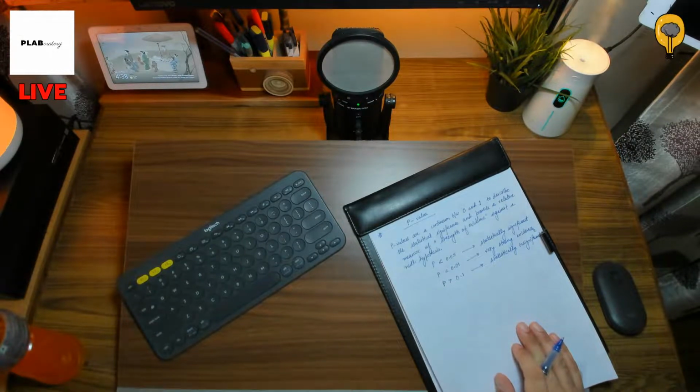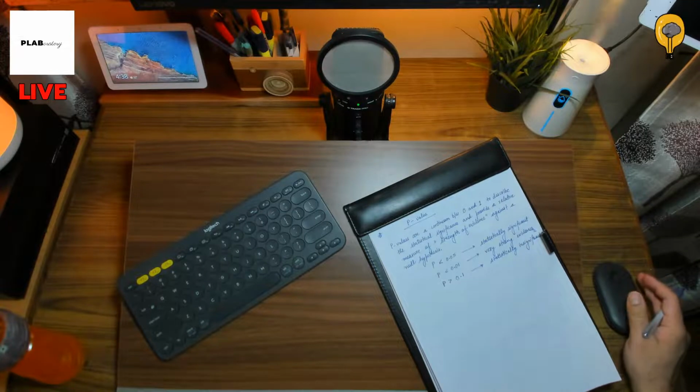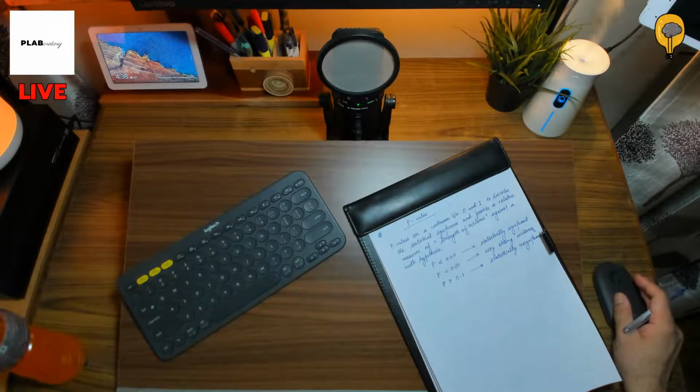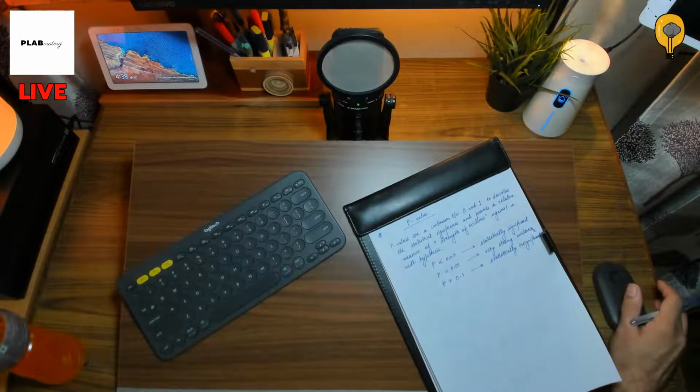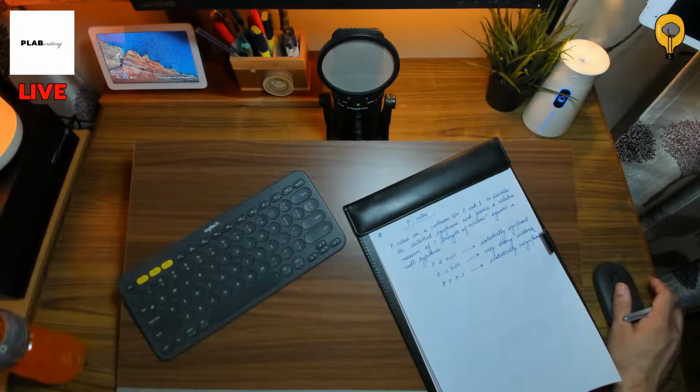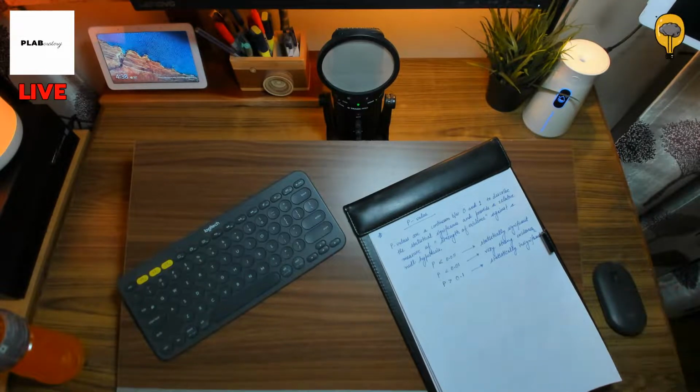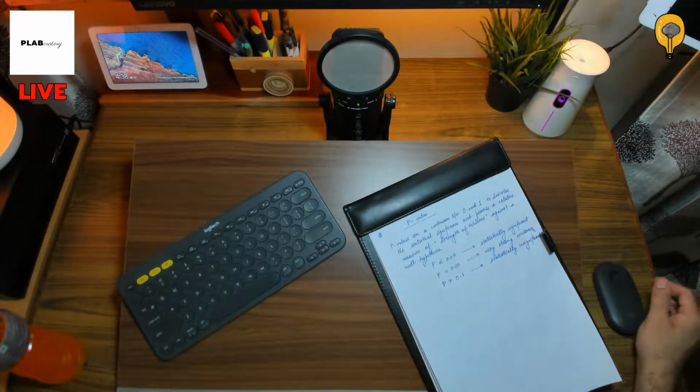Numbers needed to treat is the number of patients which are to be treated with the drug so as to prevent one abnormal outcome or one undesirable outcome. It is calculated by 1 divided by absolute risk reduction.